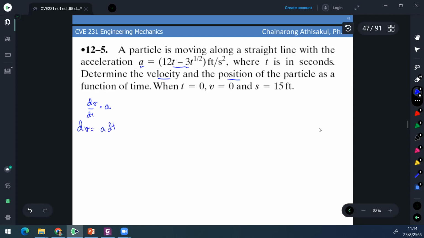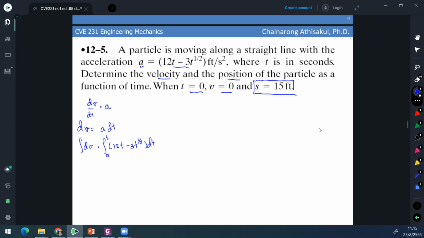We integrate both sides. We have the integral of dv equal to the integral of a dt. Right now, a is equal to 12t minus t to the power 1/2 dt. We integrate from t equals 0 to t equals t. When time equals 0, v is equal to 0. And we have to know that when time equals 0, s is not 0. s is 15 foot.